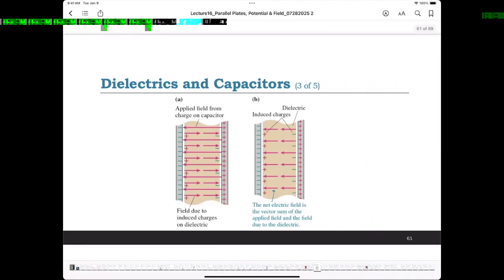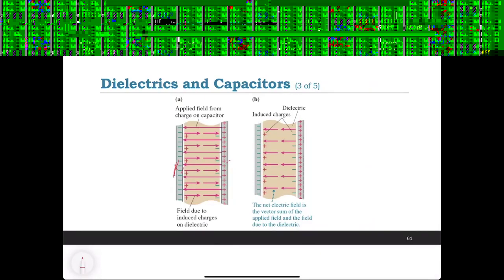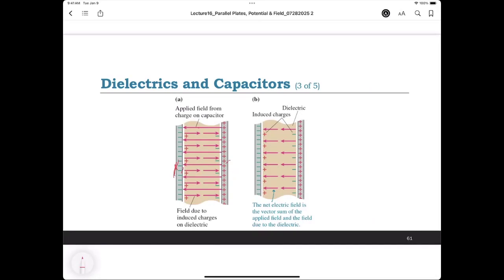And you can see this is a capacitor, and this is a negative plate. This is a positive plate, and this is the applied field from the charge on the capacitor. And this is the field due to induced charges on the dielectric.